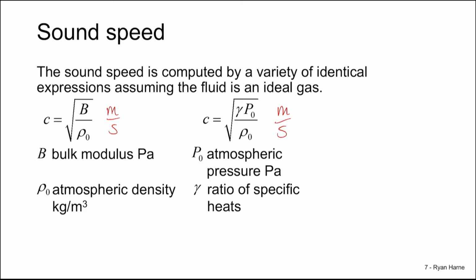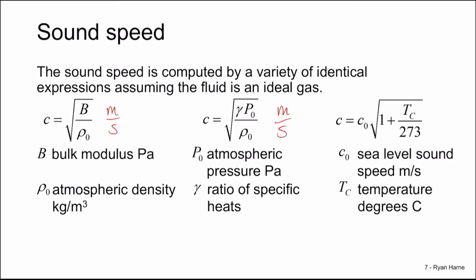Finally, an additional way of computing the sound speed if you know the temperature of the environment is an equality of the sound speed is equal to the sea level sound speed, C naught, which can be found in many reference books, multiplied by the square root of 1 plus the temperature in Celsius degrees divided by 273.